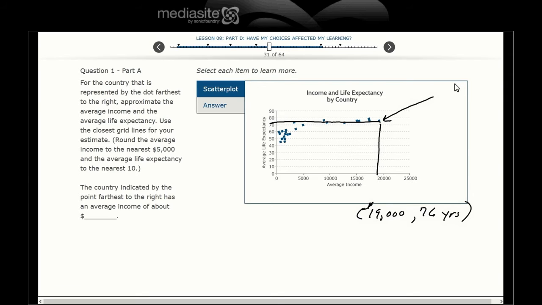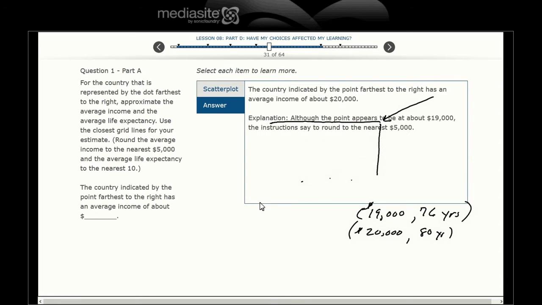And around the average income, there's 5,000. Okay, so it's more. So that means 5, 10, 15, 20. So I'm going to call it 20,000. And there's 10, so again, 10, 20, 30, 40, 76 is close to 80. Country average income, $20,000.